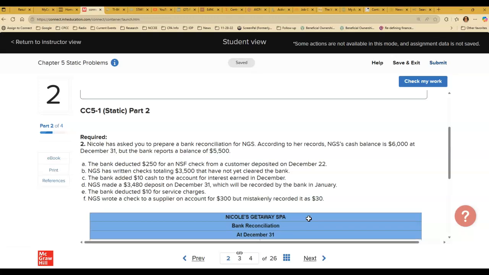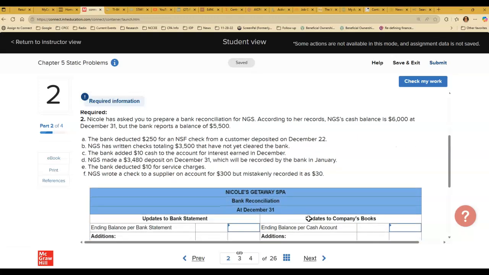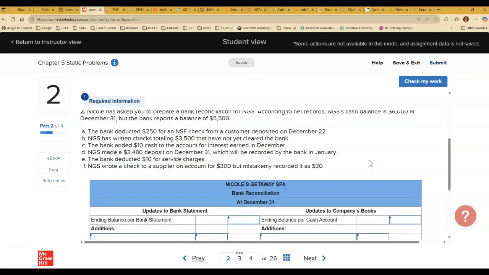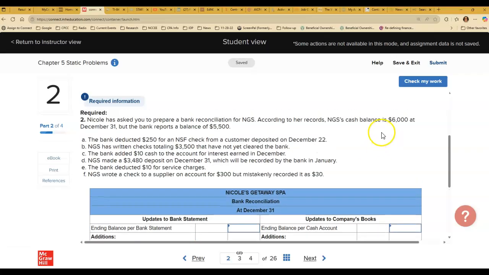All right, let's take a look at this one. So Nicole has asked you to prepare a bank reconciliation for Nicole's Getaway Spa. According to her records, Nicole's Getaway Spa cash balance is $6,000 at December 31, but the bank reports a balance of $5,500. Now, a couple of things to note here. At this point, Nicole's Getaway Spa cash balance is $6,000.